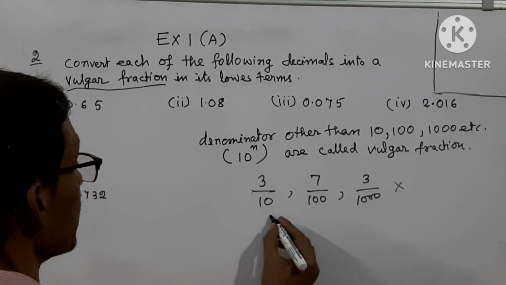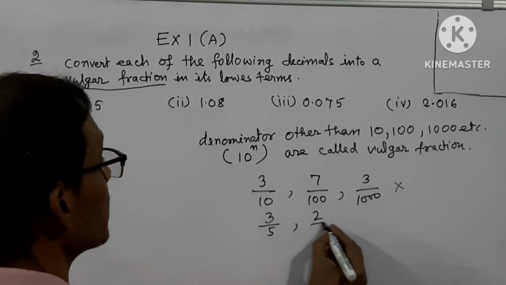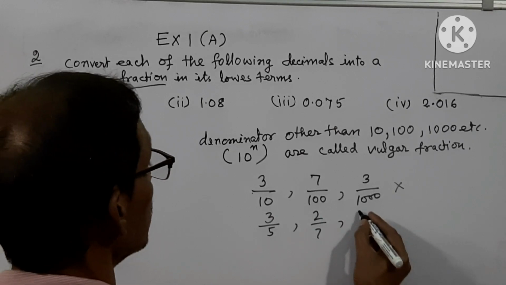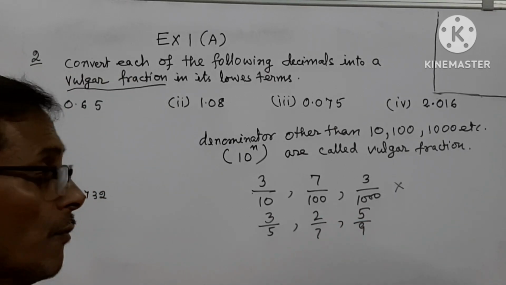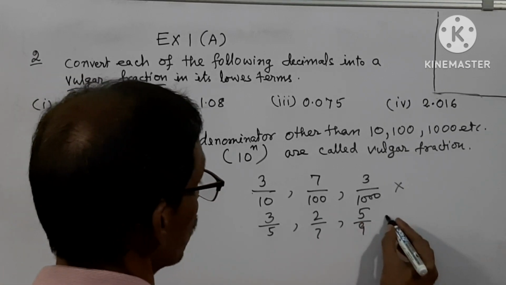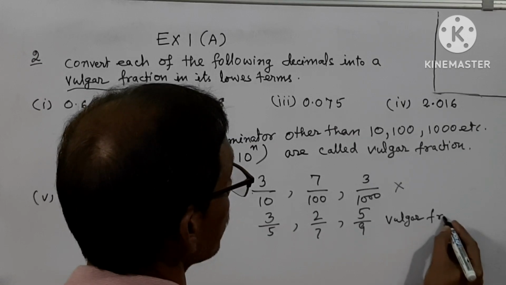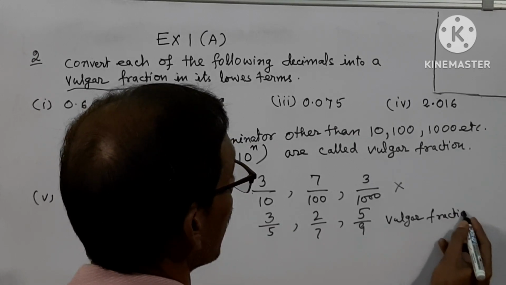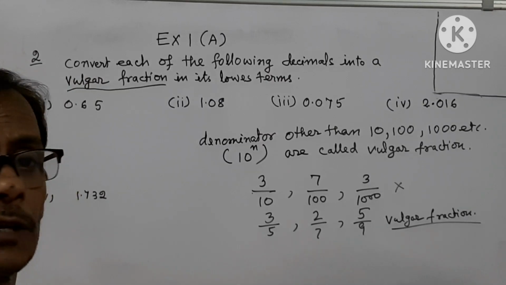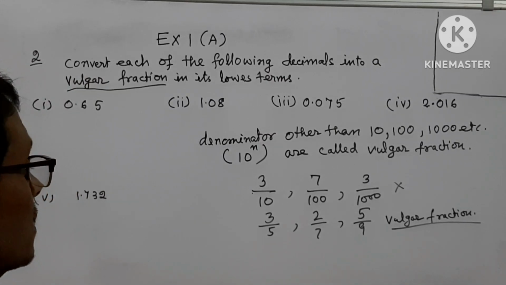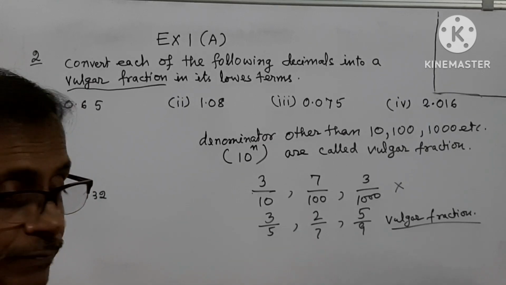But if you say 3 by 5, 2 by 7, 5 by 9, these are all vulgar fractions. They are called vulgar fractions. I hope the explanation of vulgar fractions is enough up to this.